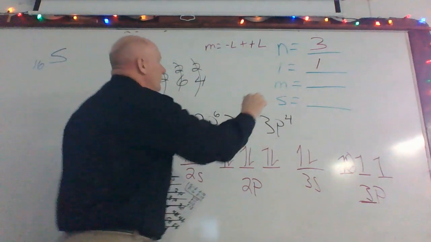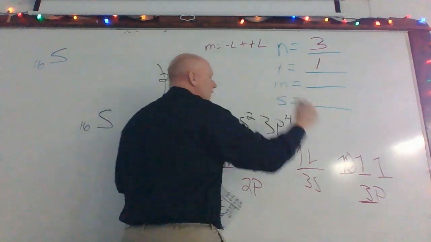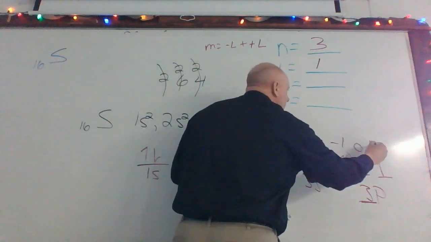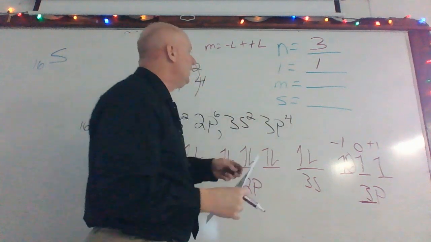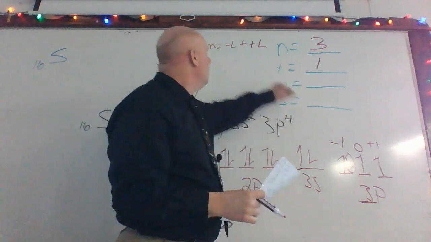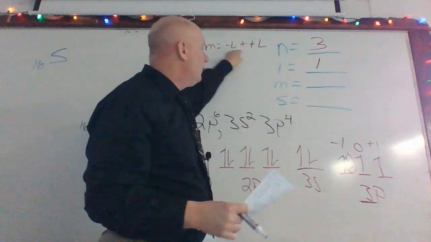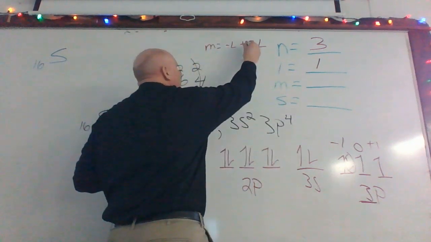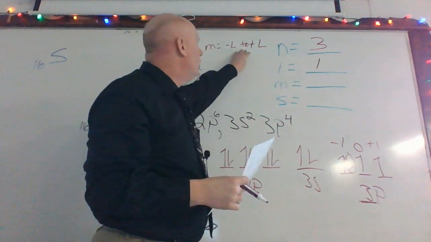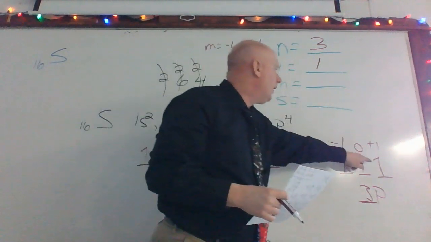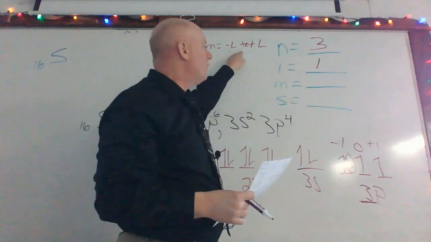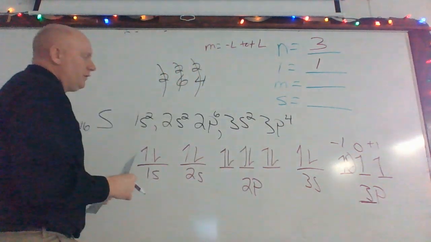So what that means is, since L was 1, we say negative 1. We don't skip over 0 and put plus 1, because the value for L again was 1. So we put that in for there. There's negative 1. We don't skip over 0, and then positive 1 for that variable. Again, we put 1 in for L, and that's where we get those values.